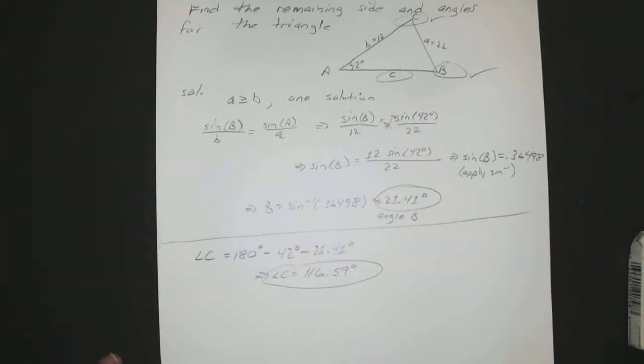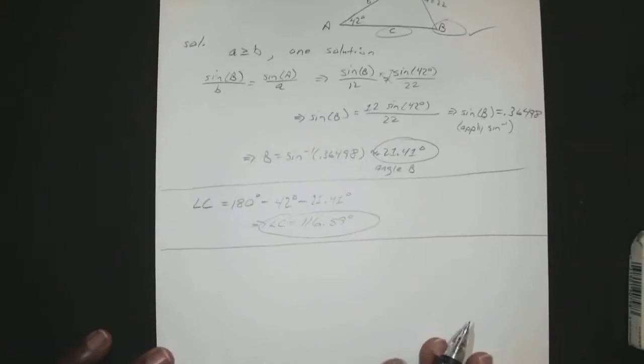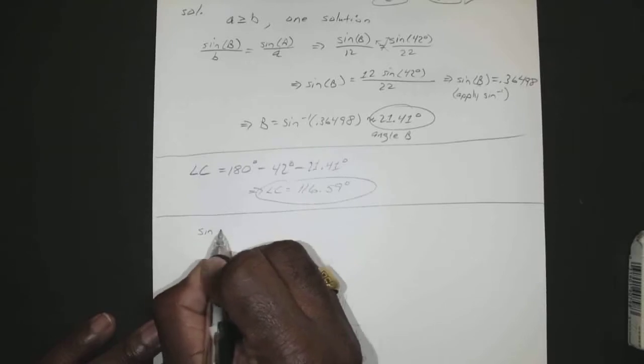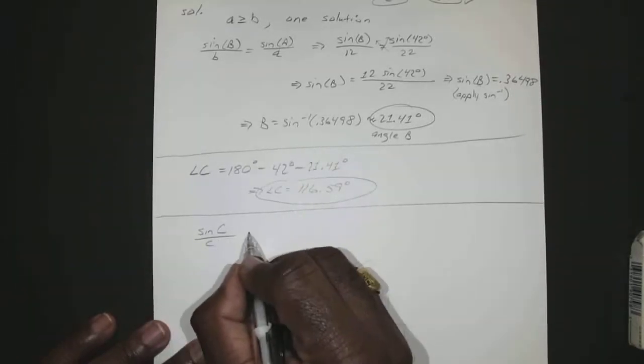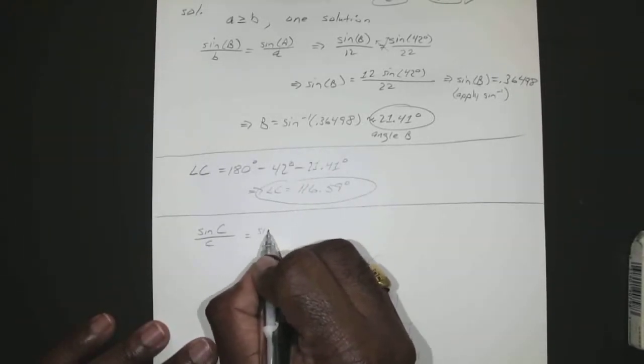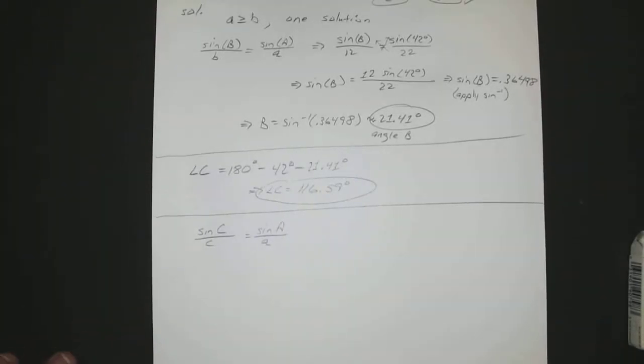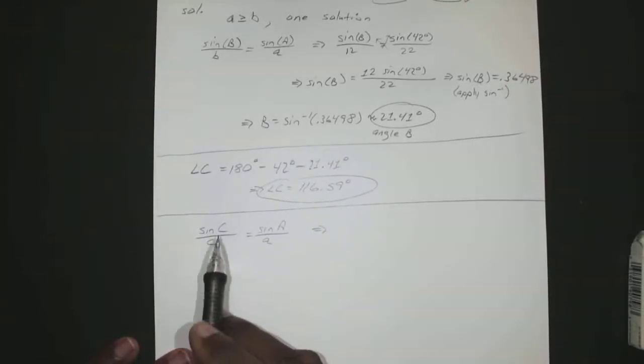We just have to find side C. And again, just use the law of sines. So sine of C over C equals sine of angle A over A. Okay, so we just plug everything in.